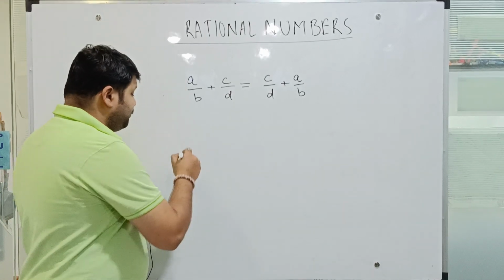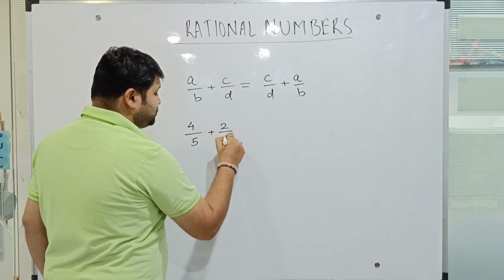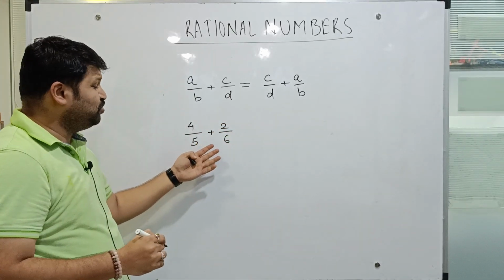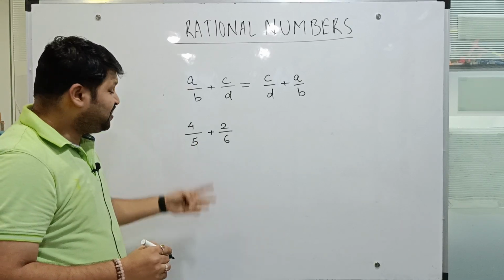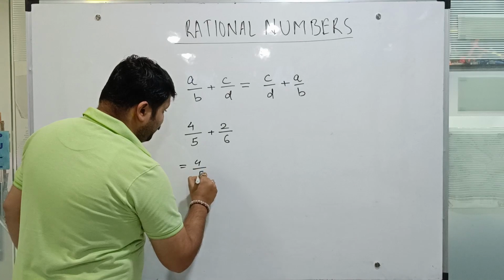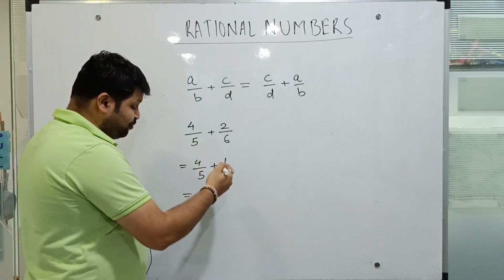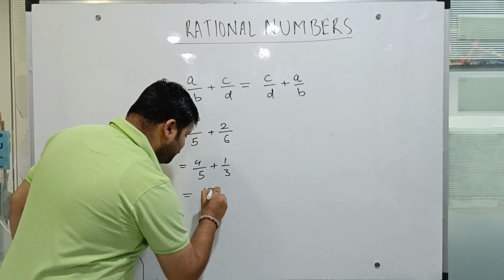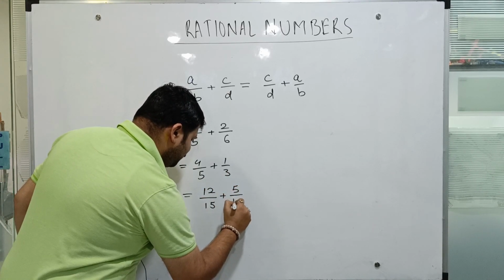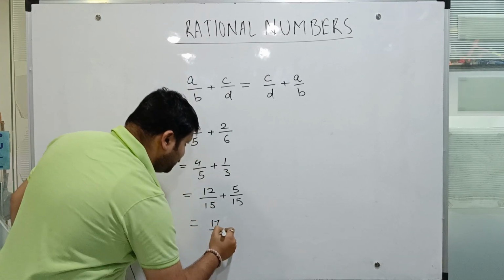So if I have 4 upon 5 plus 2 upon 6, the first thing that I'll do is convert them into the standard forms. So this can be written as 4 upon 5 plus 1 upon 3. Then to add it, I'll have to make the denominator the same. So it would be 12 upon 15 plus 5 upon 15, giving me 17 upon 15.